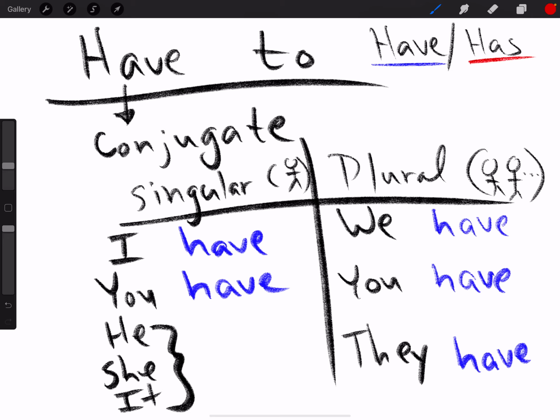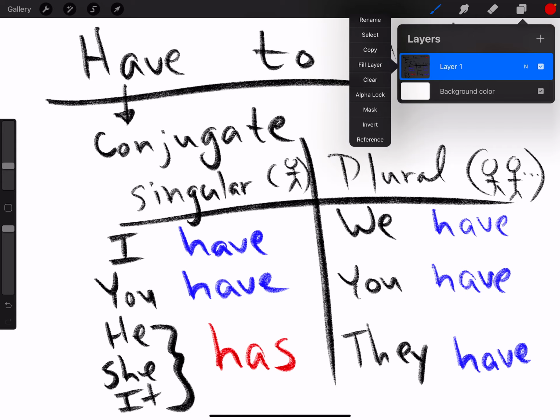So it's I have, you have, we have, they have, he, she, it has. Okay? So just keep that in mind. When we use have to, you should conjugate it. You must conjugate it.